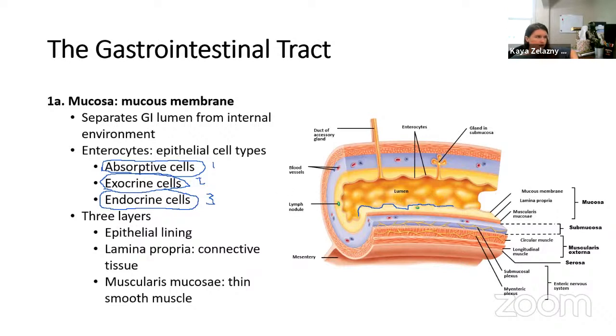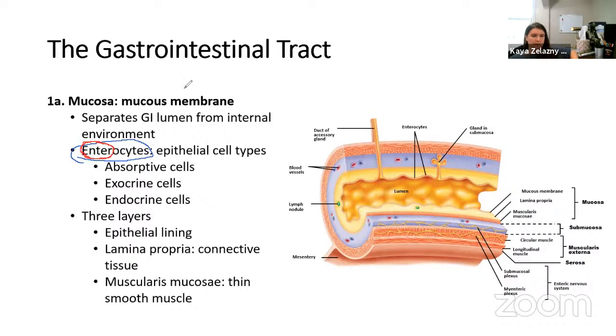So our word for all 3 of these different types of epithelial cells together is enterocytes. You're going to see this prefix a lot as it relates to the GI system. And we are in a GI unit now, so you probably don't have to guess the system too much when you look at terms for this class right now.